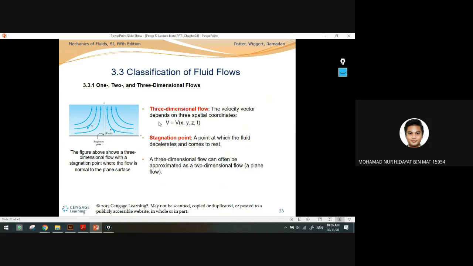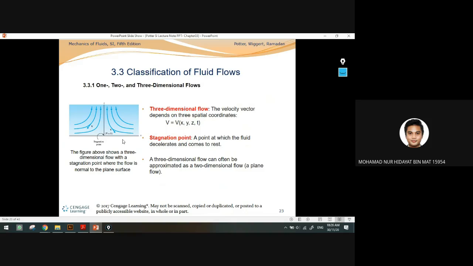So when we talk about the classification of fluid flow, whether it is 1D, 2D or 3D, to simplify the equation, we have one point to another point, point number 1 to point number 2. Alright, then we introduce the stagnation point.